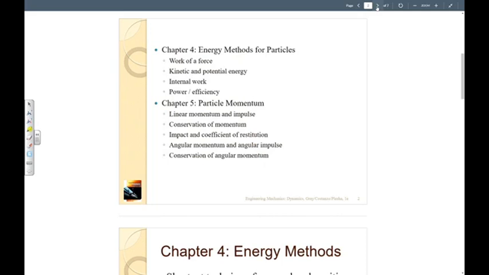You're 80% of the way to the solution. I wrote it like this, but for particles, it really can be a summation over all the particles. So your T1 might look like half m_a v_a1 squared plus half m_b v_b1 squared, and so on. Half m v squared.